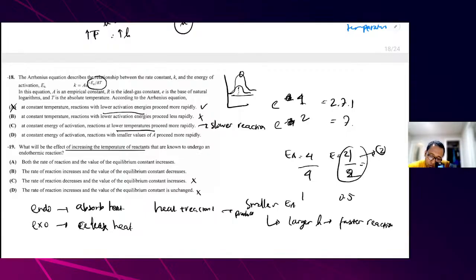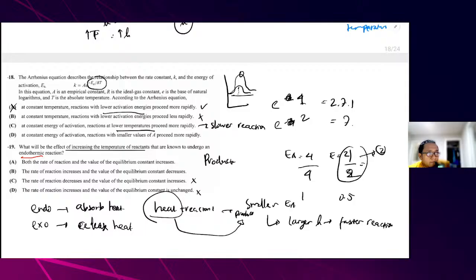So if it undergoes endothermic, the reaction shifts towards the product, because we have heat over here and we are adding heat, so the reaction will shift to product. We will get more product formed.